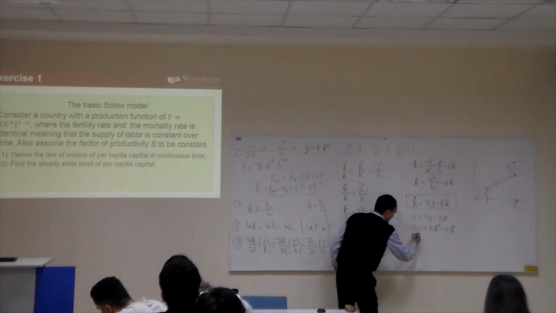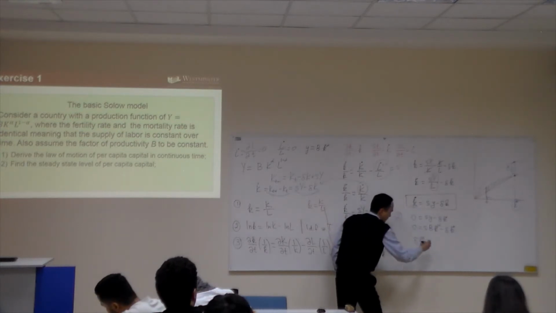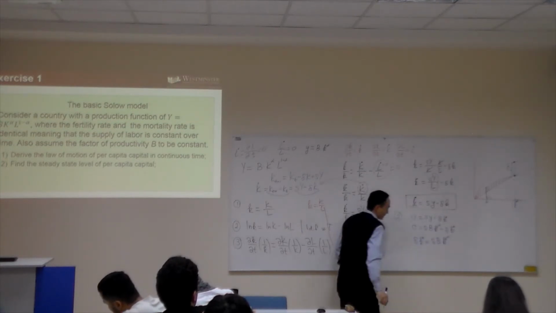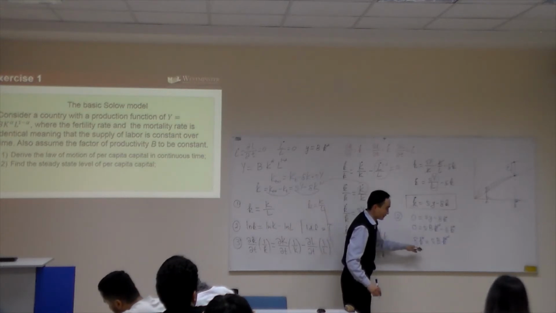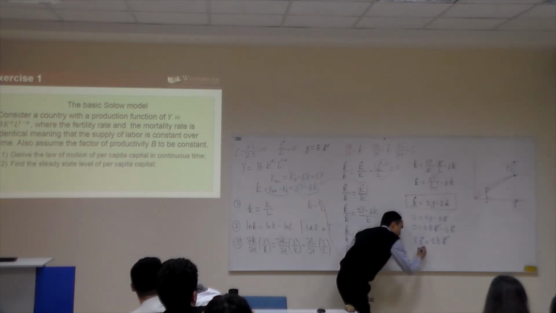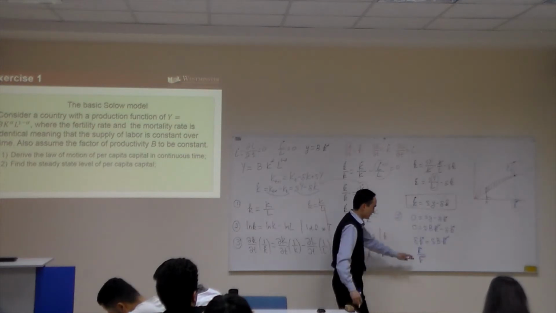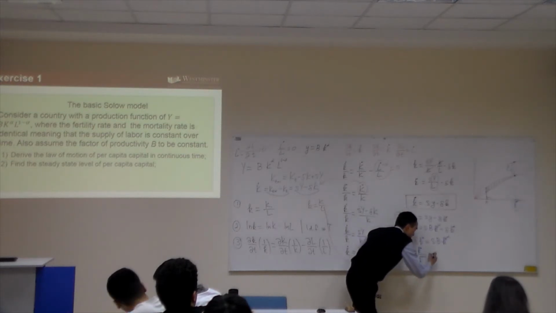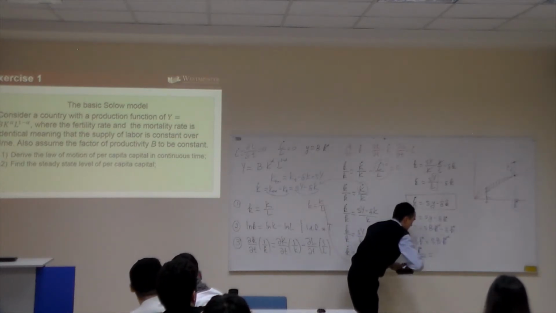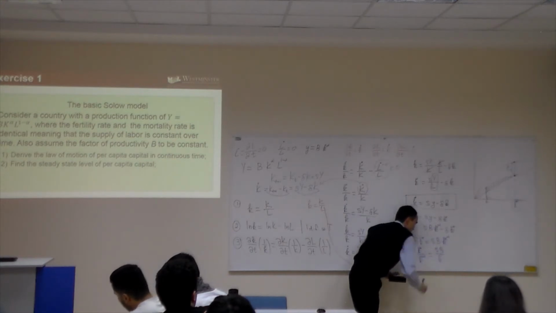So now our depreciation rate times K star is equal to saving rate times technology times K star in the power of alpha. If we divide both sides of this equation by the factors that we need, we will get K star over K star to the alpha, equal to saving rate times technology over depreciation.